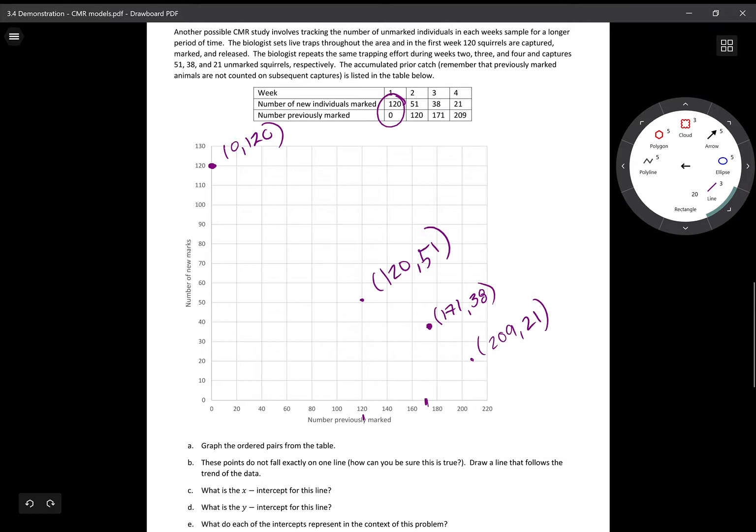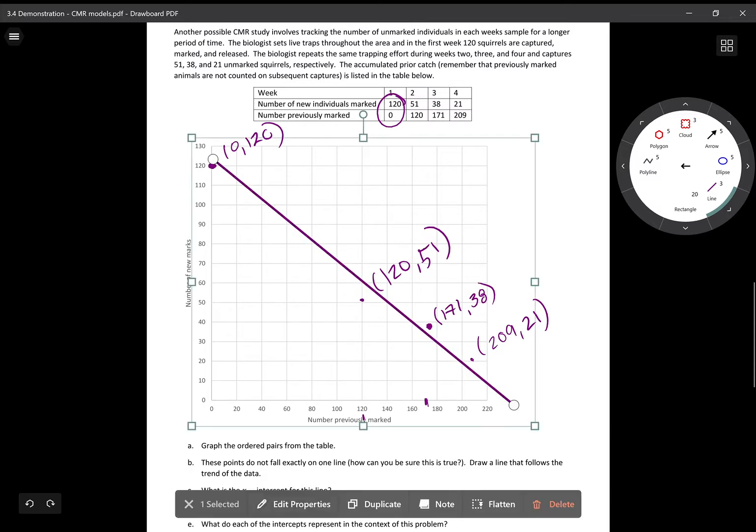Let's see, maybe I think that my line looks something like, oh, I don't know, maybe like that. Sort of split the difference between that lower point and those upper points. You can probably wiggle this around a little if you wanted to.